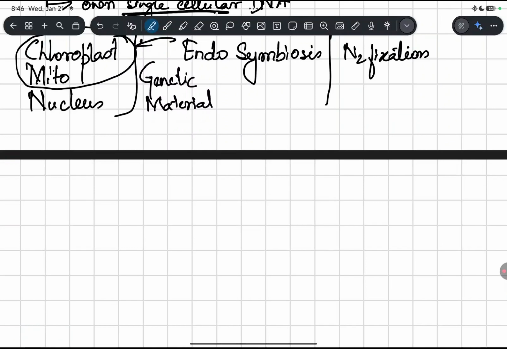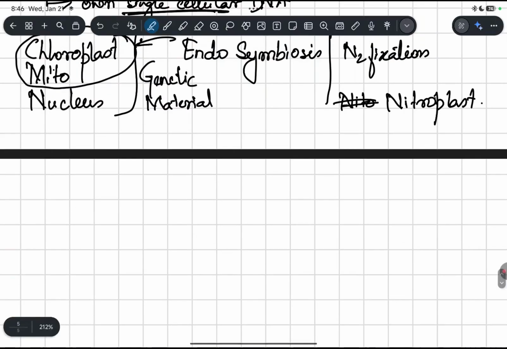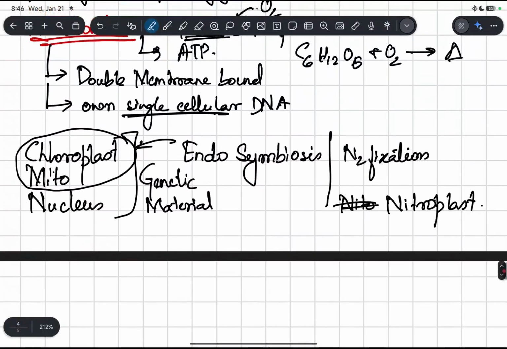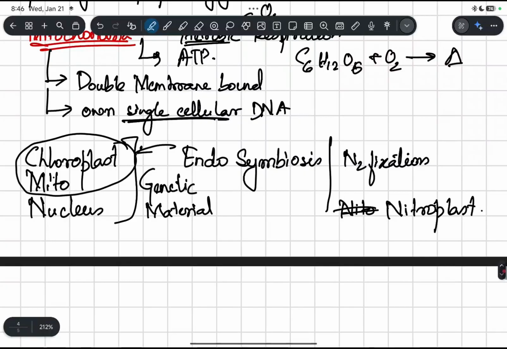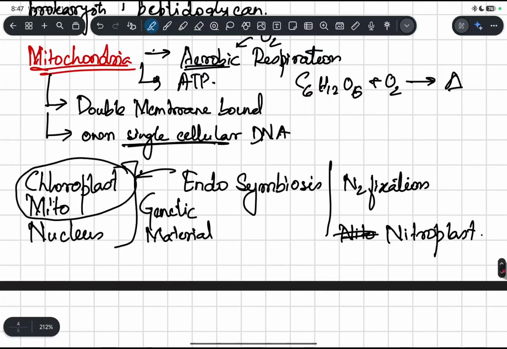In an algae, an organelle named nitroplast was found, through which it can do its own nitrogen fixation. So that is how chloroplast and mitochondria started having their own genetic material.